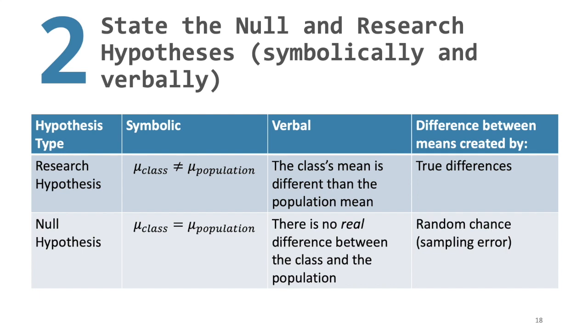It's just sampling error. It just happens to be that way. They're just slightly different. And that's what we're trying to get at with the null and research hypotheses. So the research hypothesis is saying, yes, there is a difference. The class's mean is different than the population mean, and that is a true difference. There's a real difference out there in the world.